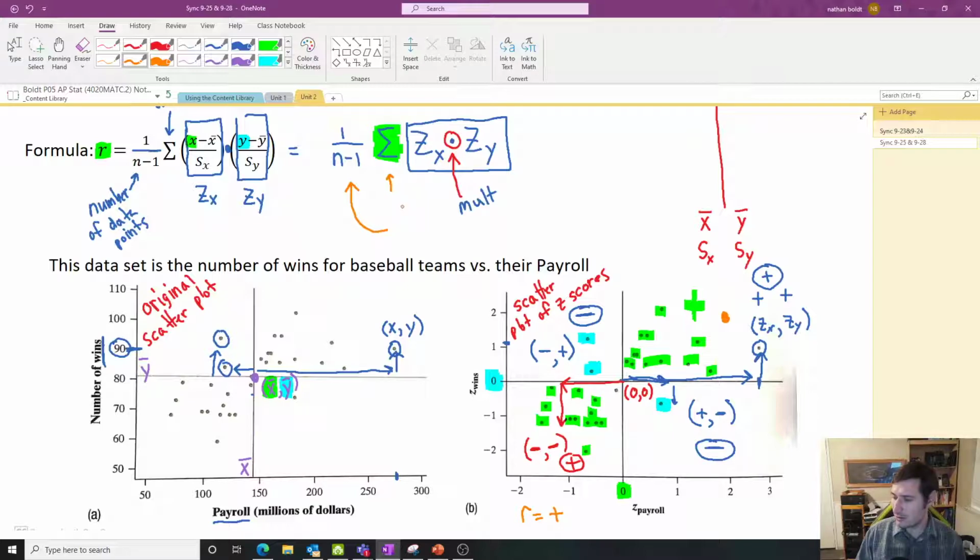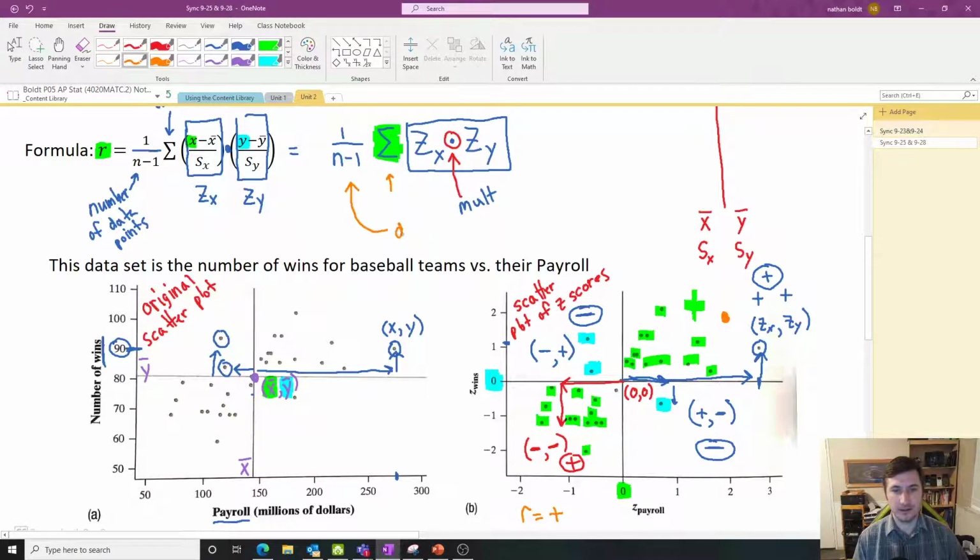Remember range? Some of us were tempted to say that more data meant a bigger range. No, we don't want more data to mean a bigger range. And the same thing kind of goes here. We don't want more data to mean a bigger correlation. So we divide by the number of data points.